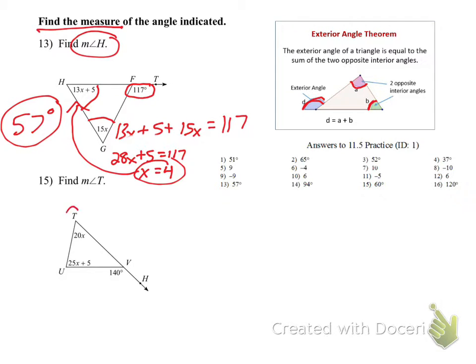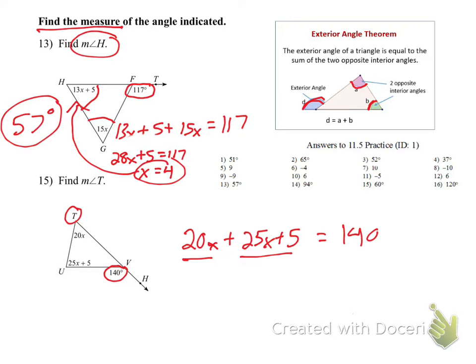Same thing here. I'm looking for measure t. We're going to use the exterior angle theorem. My two far angles are the two angles that are farther away from the exterior angle: 20x plus 25x plus 5. So this is measure 1, this is measure 2, and the sum is equal to the outside angle.